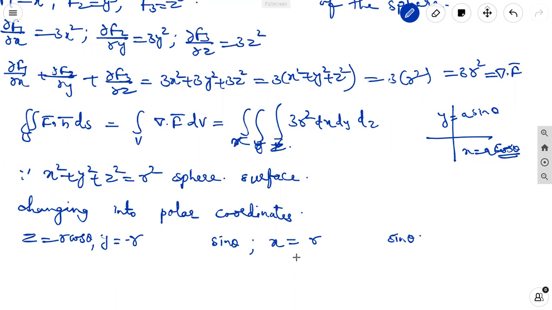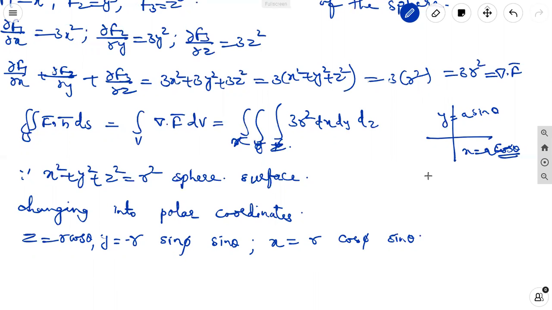But here again the angle is changed. Why? Because it is three-dimensional. Z is related with theta, then x and y both are related with another angle phi. Here we take x equal to cos phi, y equal to sin phi. Is it clear?